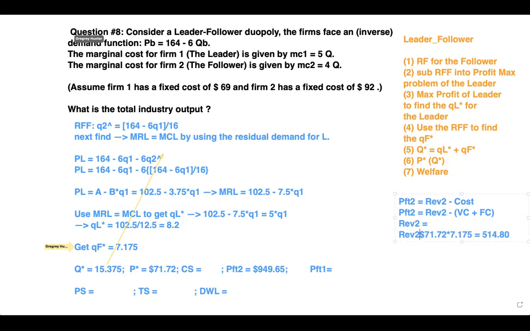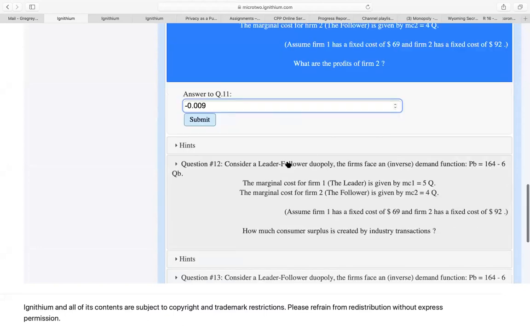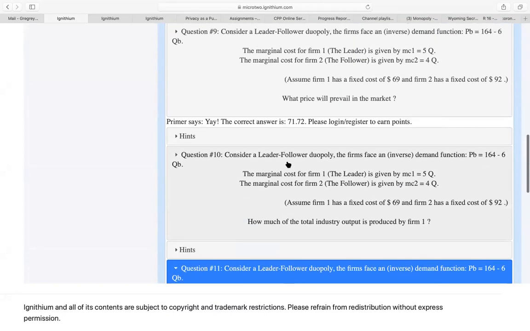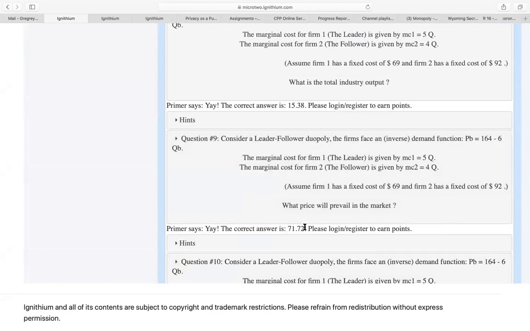I was just going to say, I think the price should be 71.75. Let me calculate it again real quick, but that's what I got for price. Let me share. You can see from Ignithium that it says 71.72, and that's the only reason I used it.